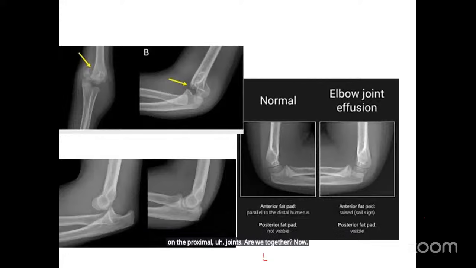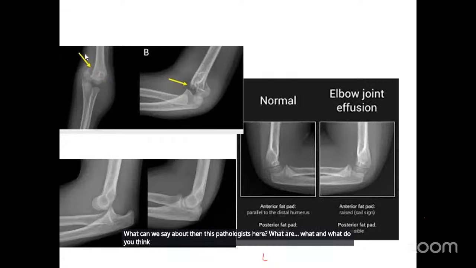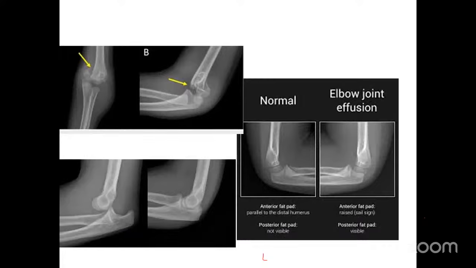Look at it. What can we say about these pathologies here? What do you think happened here? If we are asked to assess, this is your patient, how can you describe it? Because sometimes my students just show me, and I say I'm blind, so put it in words. Looks like an avulsion fracture.